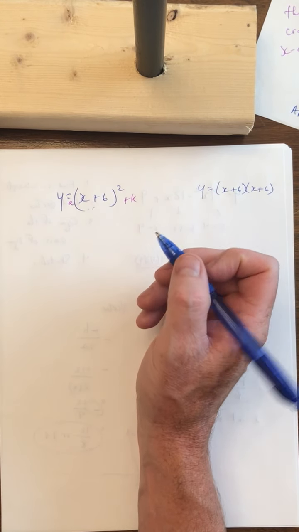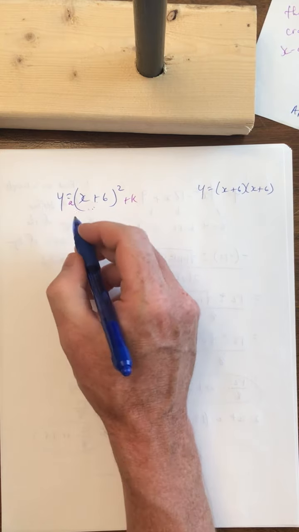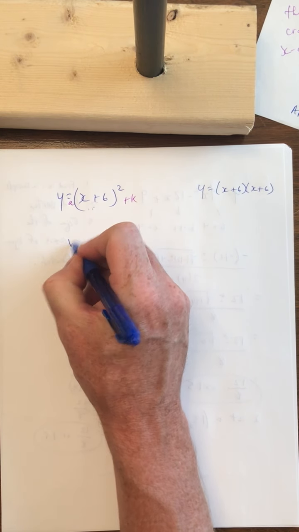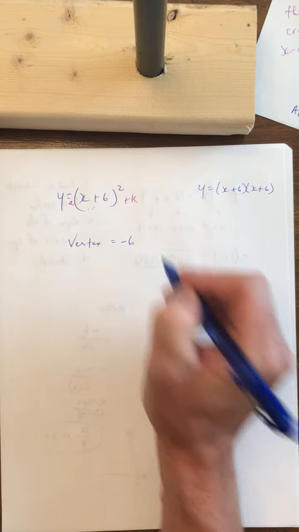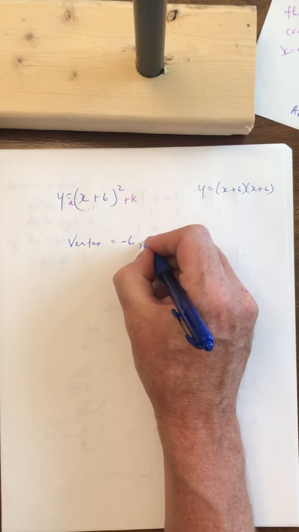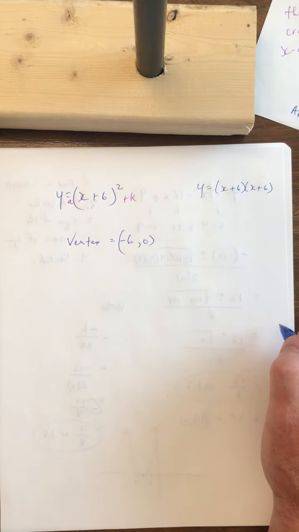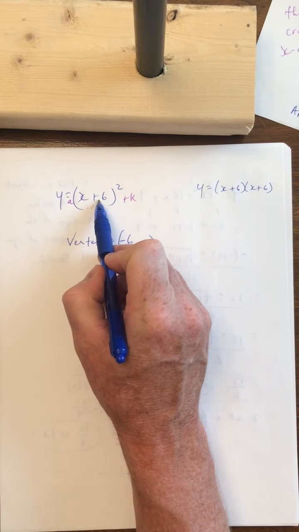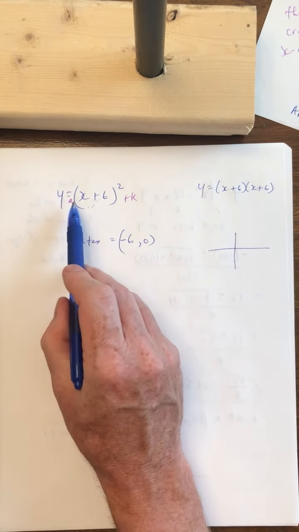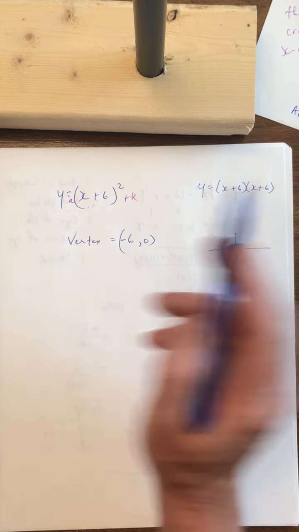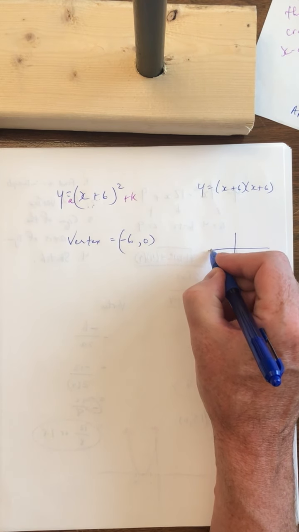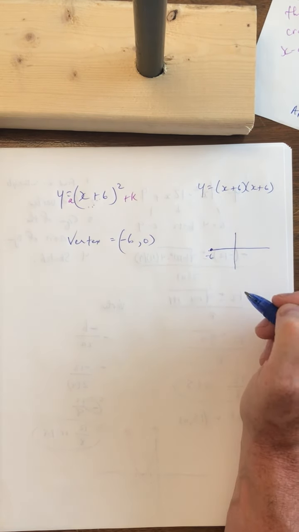So our vertex here, we can see where our vertex is. We know our vertex is at -6, or the full coordinates of it is -6, 0. So remember, if this is in factored form, we know that we don't have an a value, there's no stretch or compression. We know that this is moving to the left 6 spots.